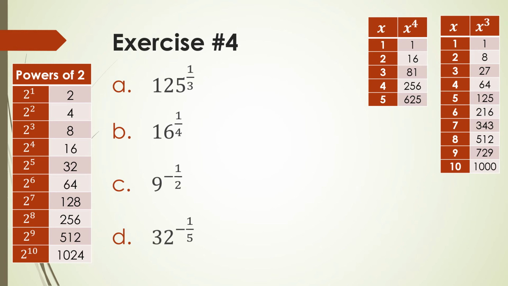So here we go. Let's do 125 to the 1/3. We don't want to think about it like that. What it really means is the cube root of 125. That means I need to be on this table over here. So what to the 3rd power gives me 125? 5. So then that's my answer.